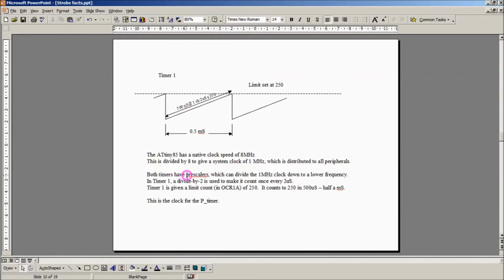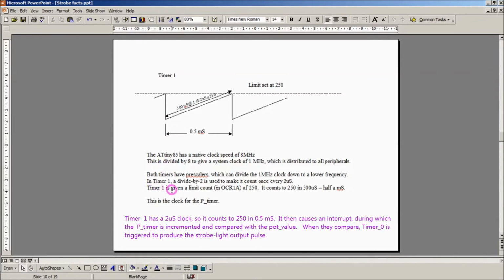Both timers have prescalers, which can divide the 1 megahertz clock down to a lower frequency, and in this case I divide it by 2, so that instead of a clock every microsecond, I get a clock every 2 microseconds. Timer 1 is given a limit count in OCR1A, the output compare register 1A, of 250.